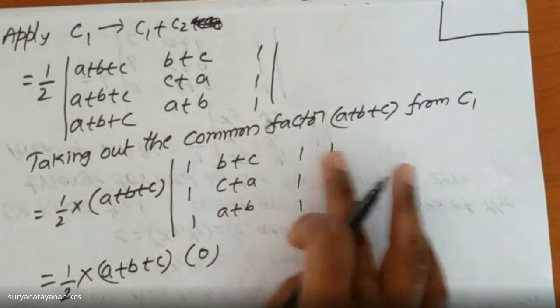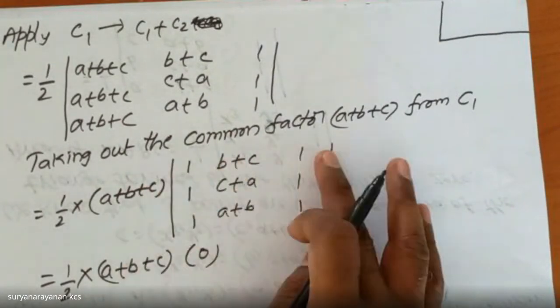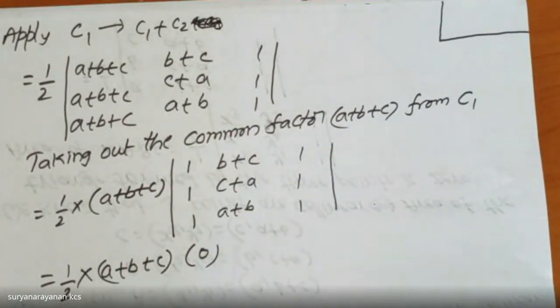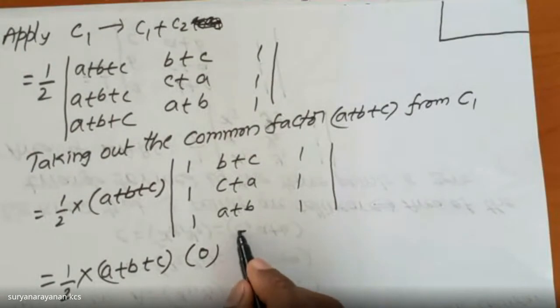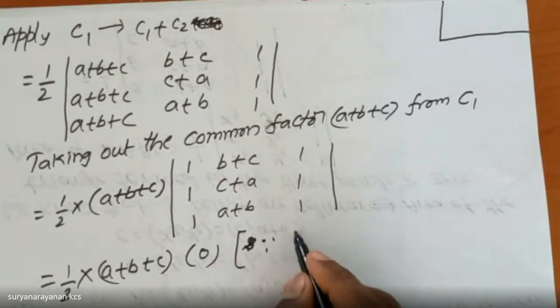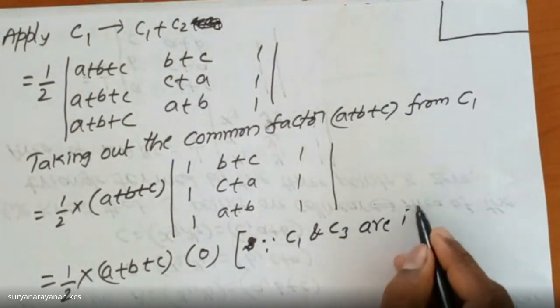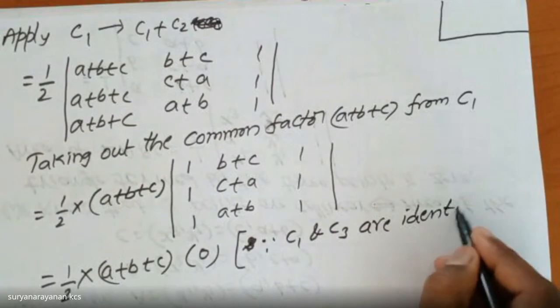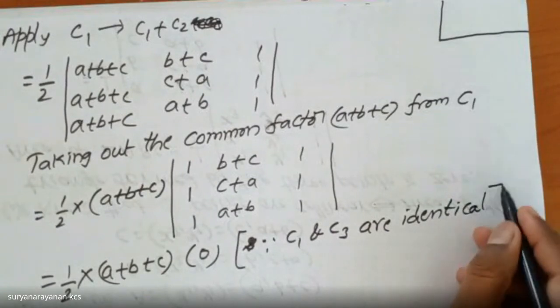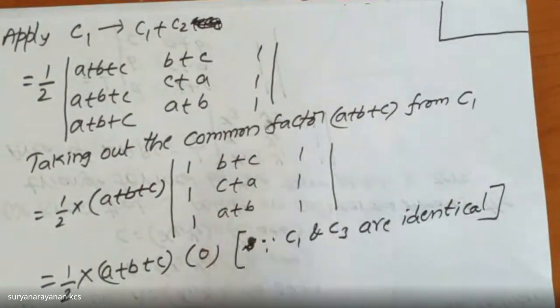So no need to expand this determinant; by using properties, since C1 and C3 are identical, that is why the determinant of this matrix is 0.